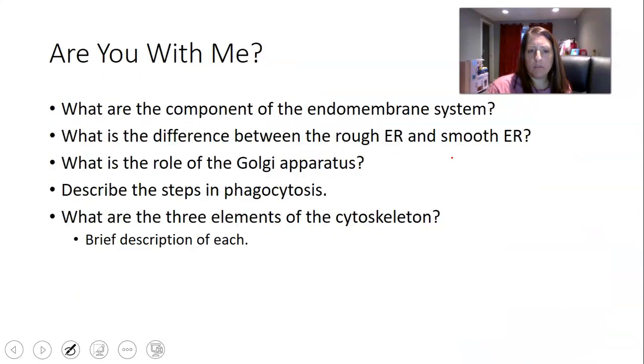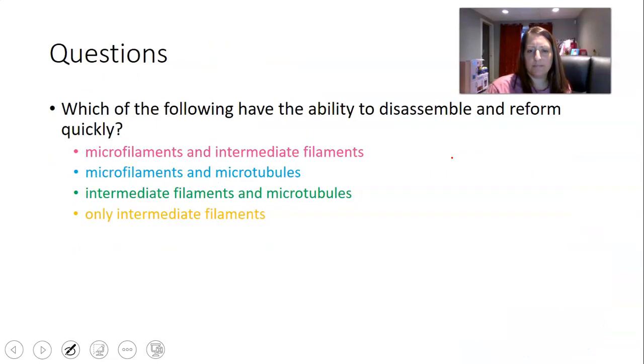So let's go back to our question. Okay, and so the answer here would be blue, microfilaments and microtubules. Anything made up of small subunits tends to be able to form and be taken apart pretty quickly. Made up of large protein filaments, that would be more difficult. So intermediate filaments would not be formed or taken apart quickly.